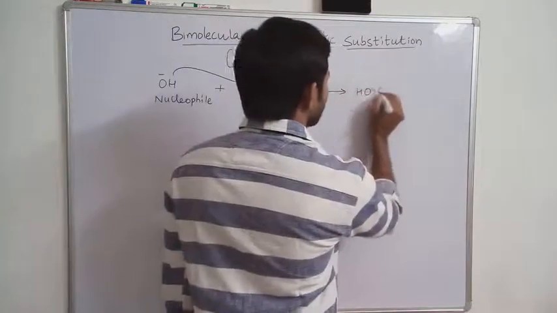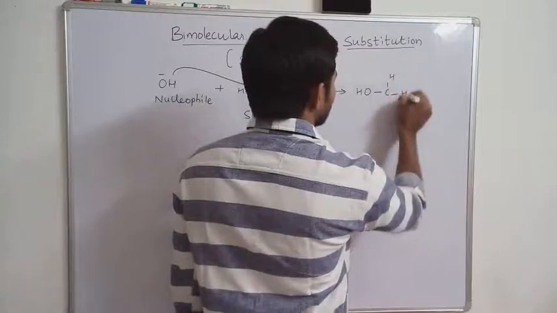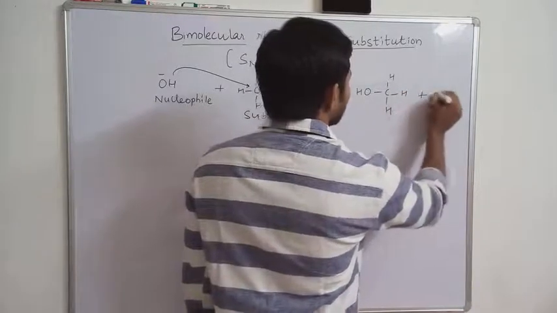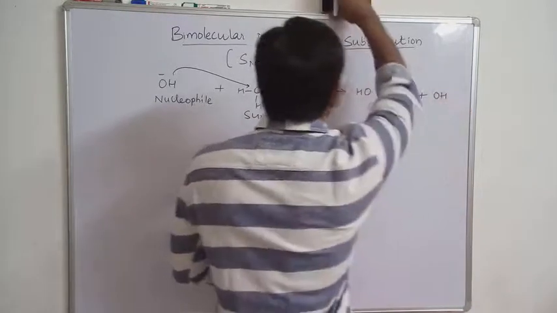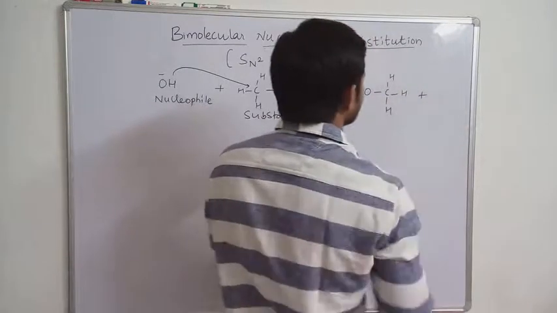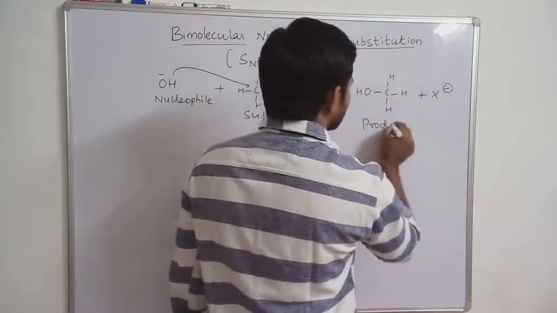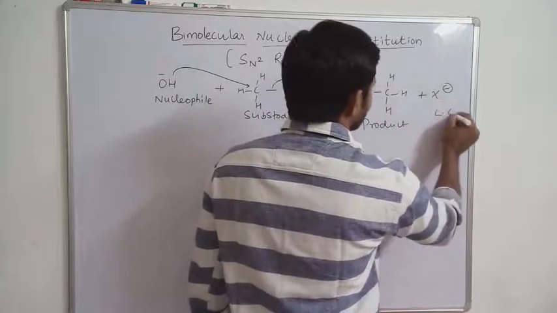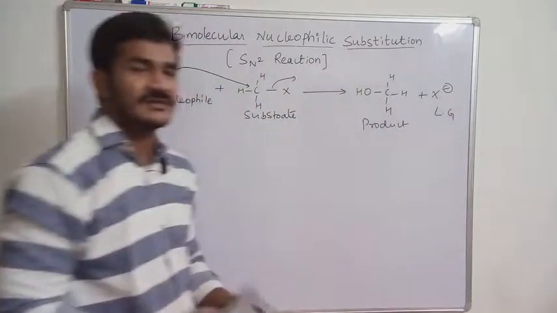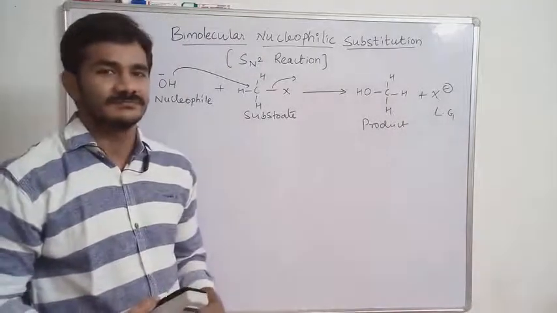So the resulting product is formed, and we get one leaving group, X minus. This is the product and this is the leaving group. Okay, this is the basic SN2 reaction.